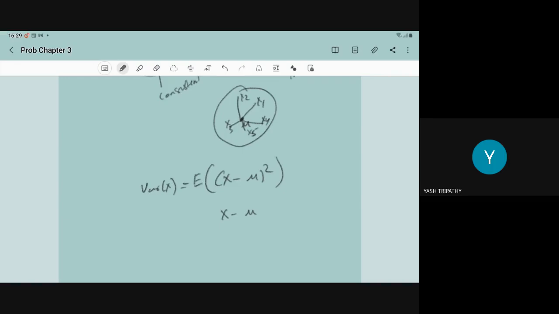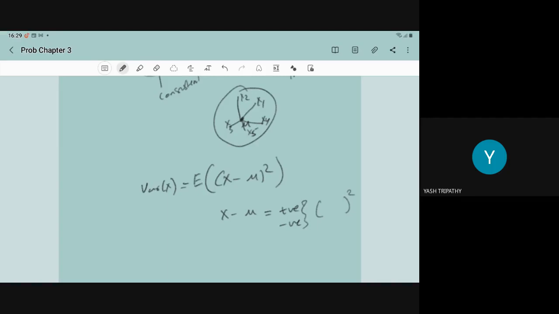So here we have x minus mu. X minus mu means we can have the result either positive or negative. To avoid this, what we have done? We have done the square. So now you are taking the average of the square, right?